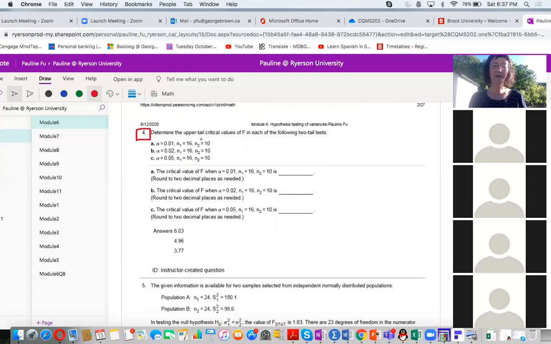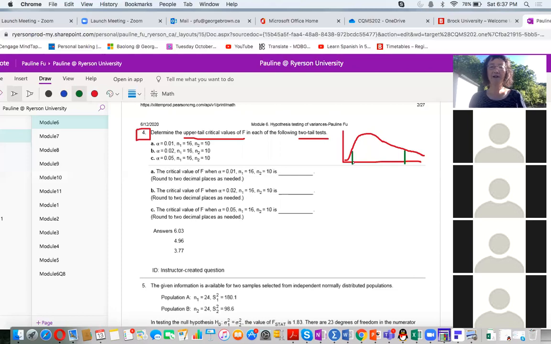Determine the upper tail critical value of F in each of the following two-tailed tests. Okay. So when you have a two-tailed test, this question only asks you for the upper tail critical value. You actually have this upper critical value, and you have another critical value here.